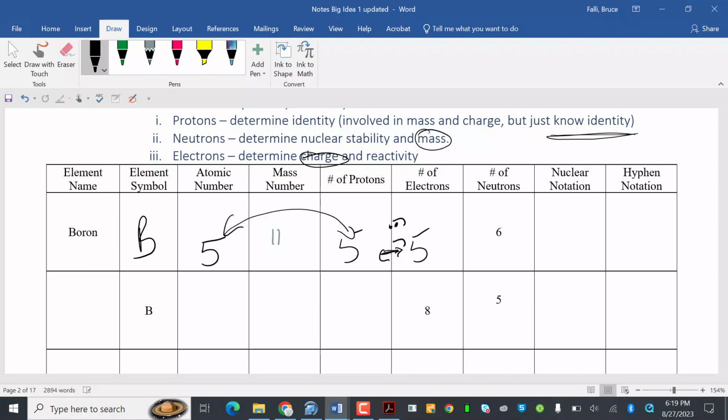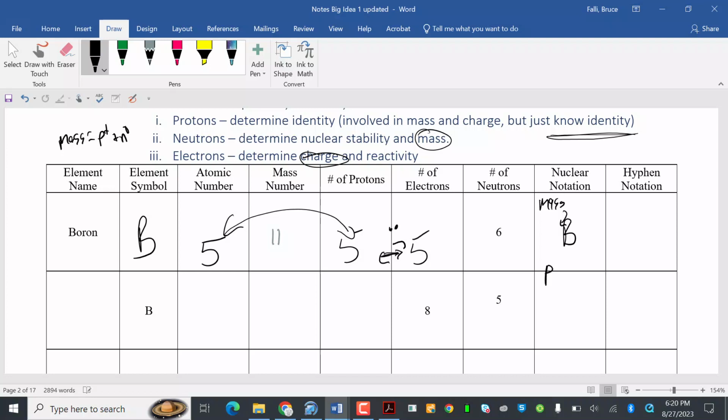I'll show you when it's not in a minute. Nuclear notation is going to be boron, and I've got to have the mass on top and protons on the bottom. So we've got to get back to this mass part, okay? Mass is protons plus neutrons.